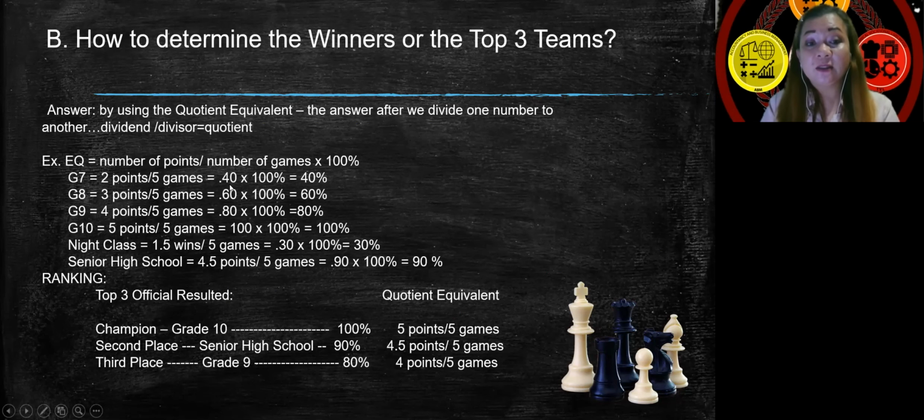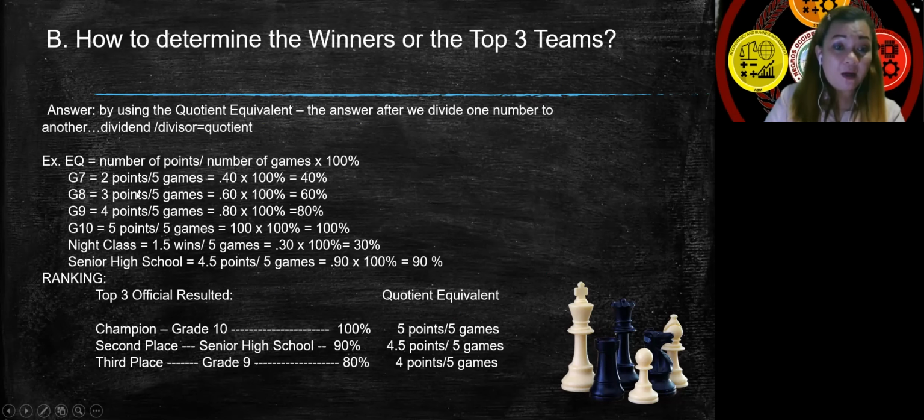As the rule says, you are going to multiply by 100%, so that is 40%. Now let us try grade 8. You have there 3 points, divided by 5, which equals 0.60, multiplied by 100, so 60%.